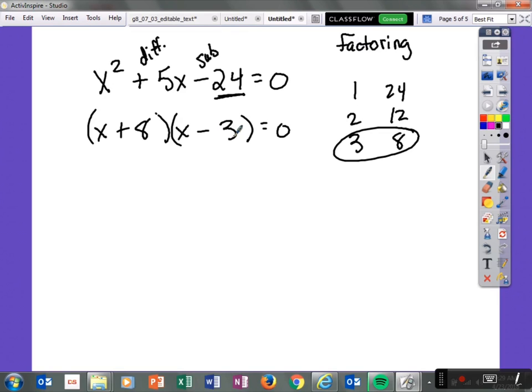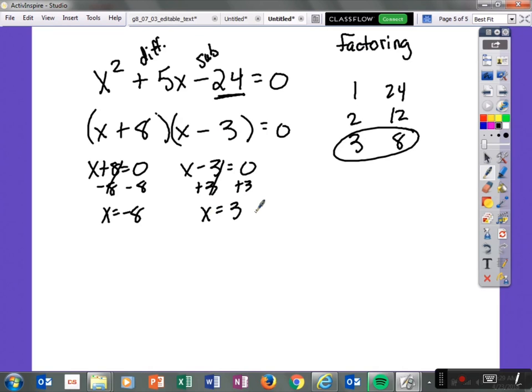Okay. Now, we're not done. We still have to set both parentheses equal to 0. Subtract 8. X equals negative 8. Add 3. So x equals positive 3.